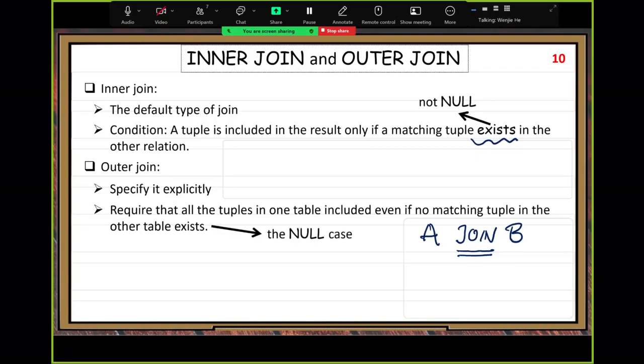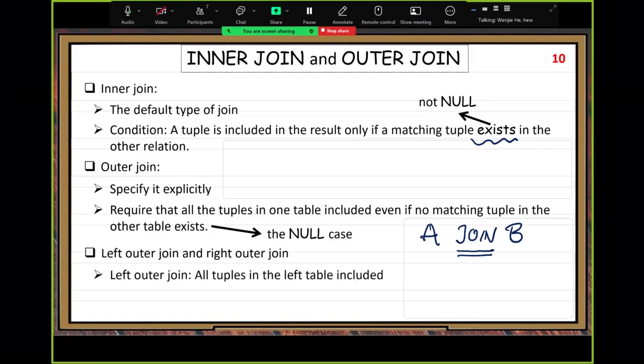And the null case: we do not treat null as matching. When you compare a value with nulls, we do not treat it as a matching one. Okay, left outer join, right outer join. Left outer join means all tuples in the left table must be included in your query result, even if some of the tuples have no matching tuple, you need to include them.